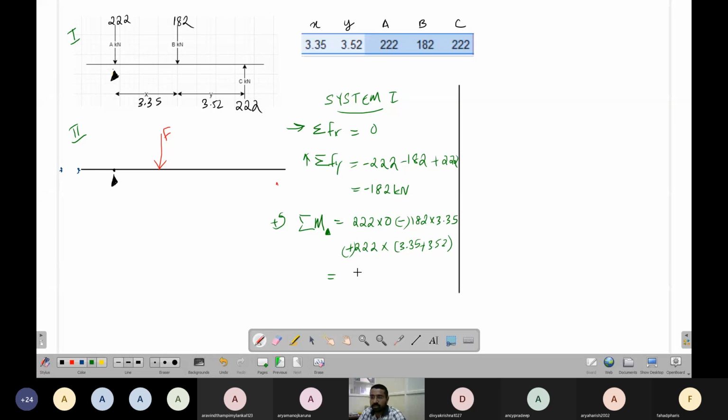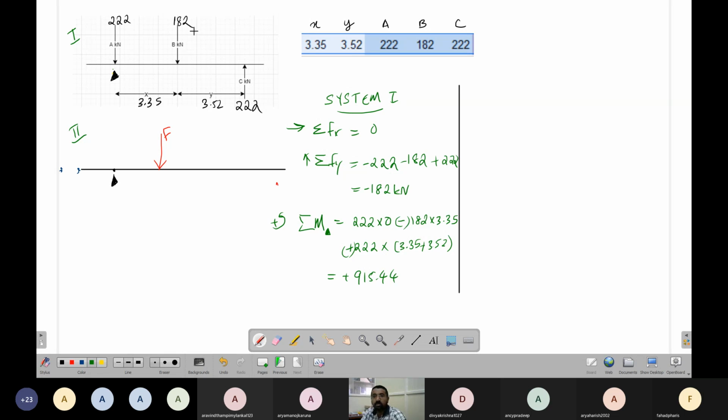So let's see what it is. This is 0. This is minus 182 into 3.35, plus 222 times 3.35 plus 3.52. So this is plus 915.44.